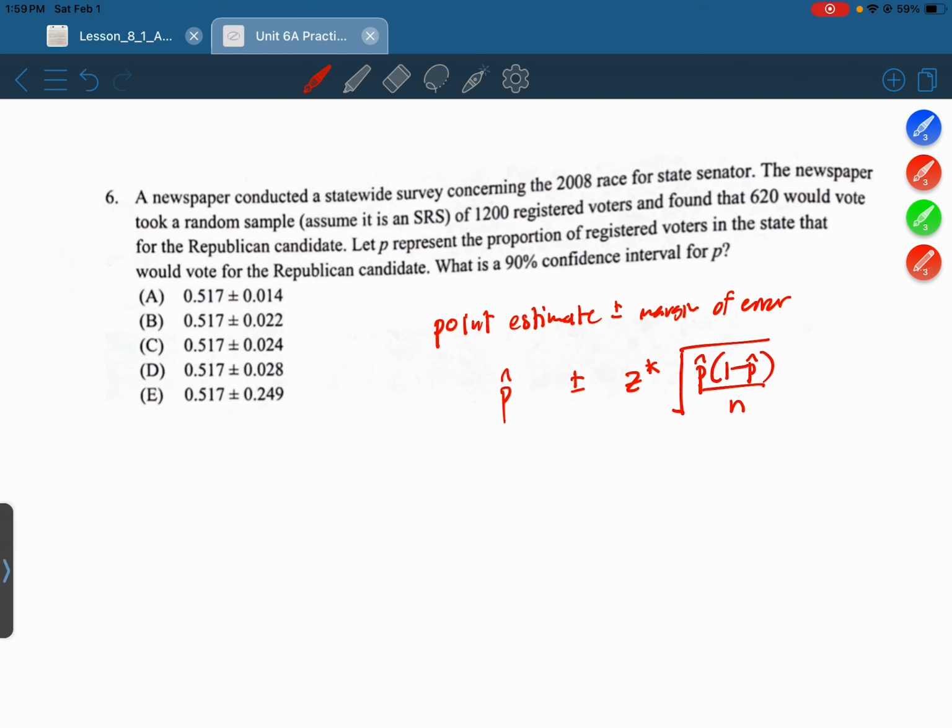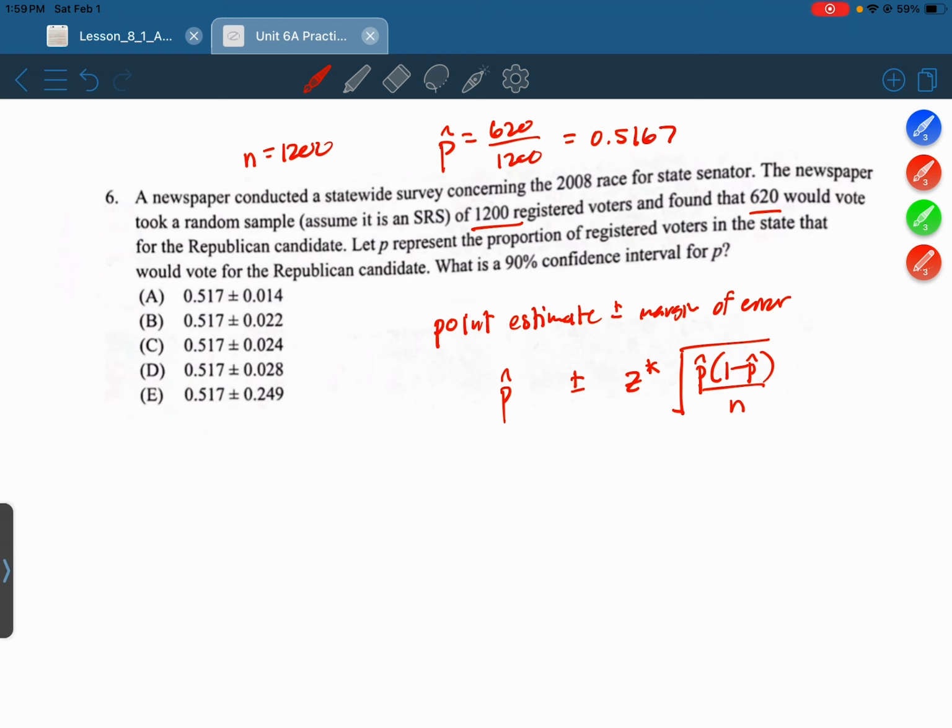What we know is the sample size, so n equals 1,200, and we know how many of the people in the sample voted for the Republican, so that should be enough for us to figure out the sample proportion. 620 divided by 1,200 is 0.5167. It's actually a repeating 6, but I'm going to round to 4 decimal places.